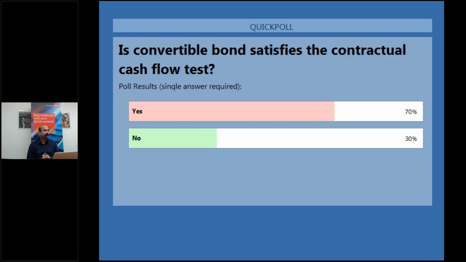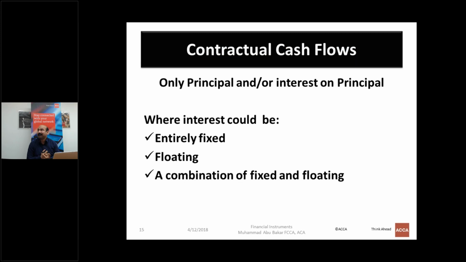So we have 70% people saying yes, while 30% people are saying no. 30% people are correct. See, this is the second criteria, and what is that?